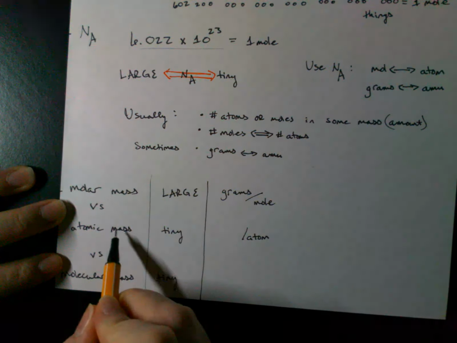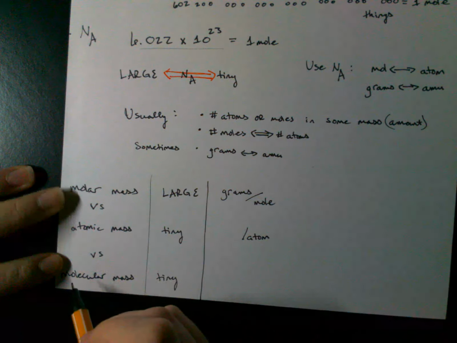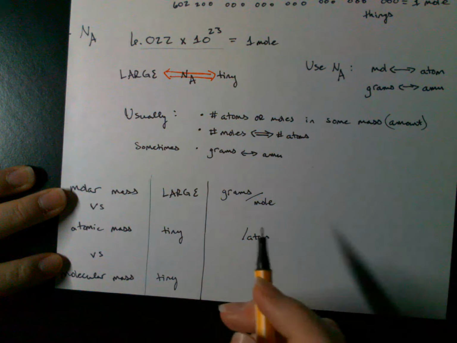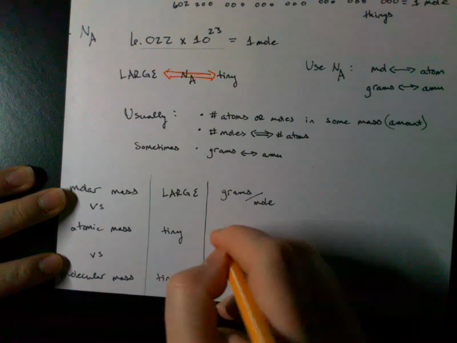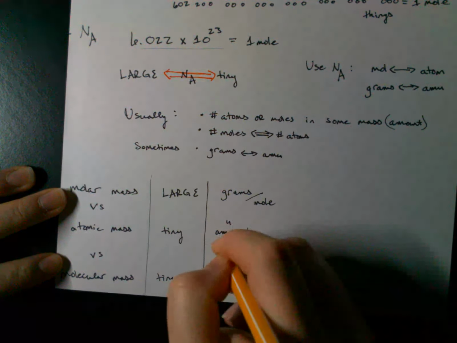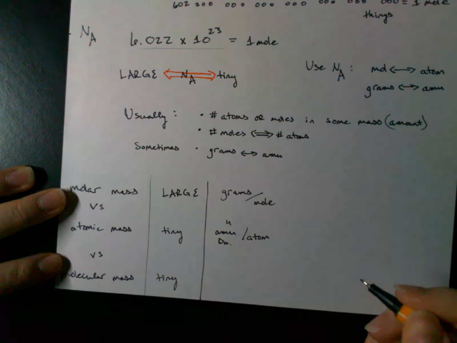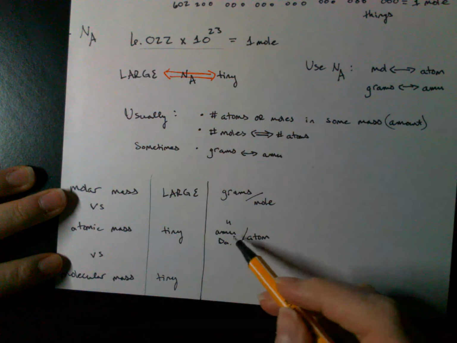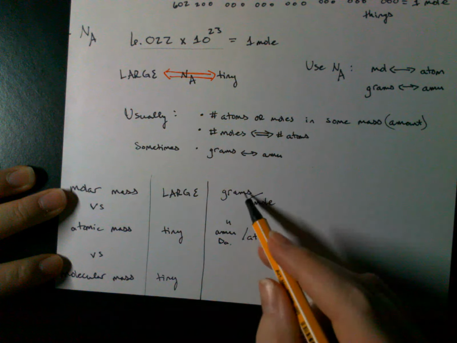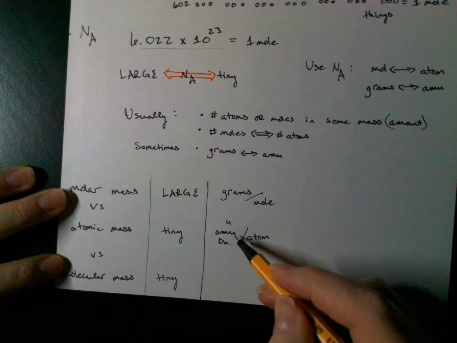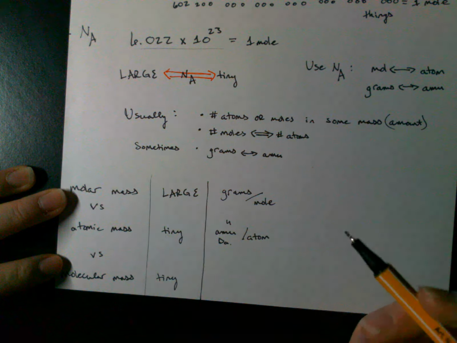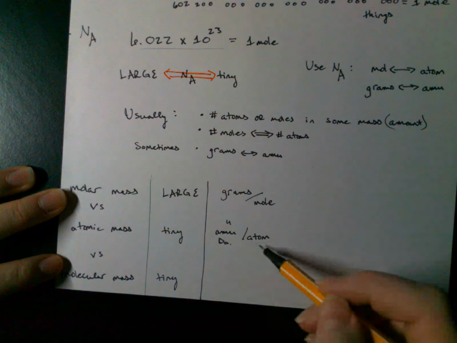This is literally the mass of 1 atom, okay? So a unit of mass that we use with atoms is called AMU. Sometimes you'll see it as U or as Daltons. They all mean the same thing. I'll usually write AMU. So AMU and grams, both of those are units of mass, right? And then some per some package, per some mole, per some atom.